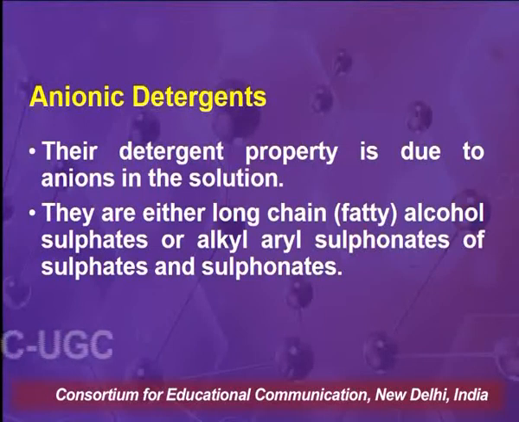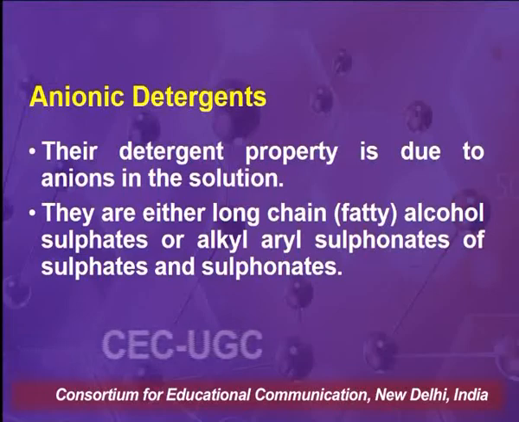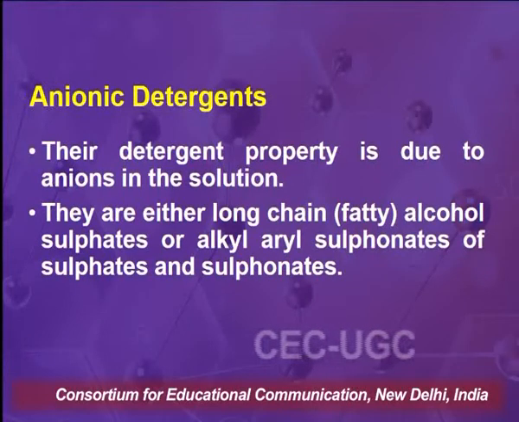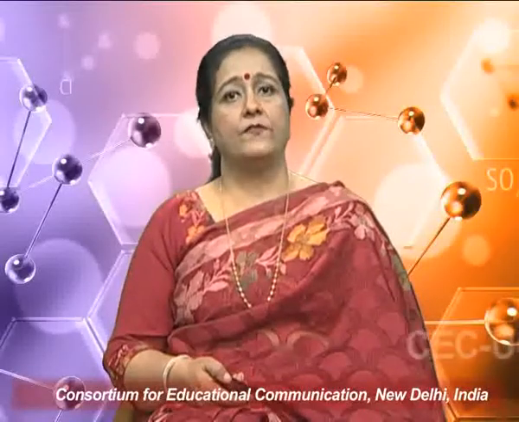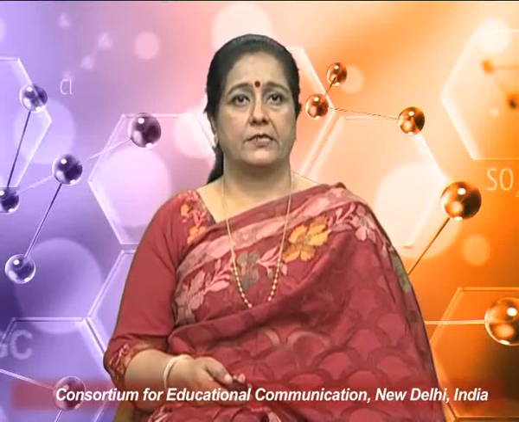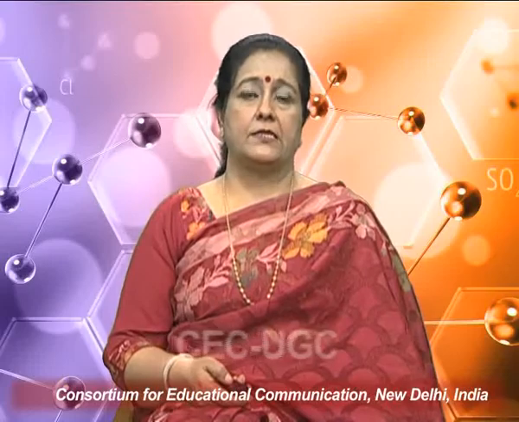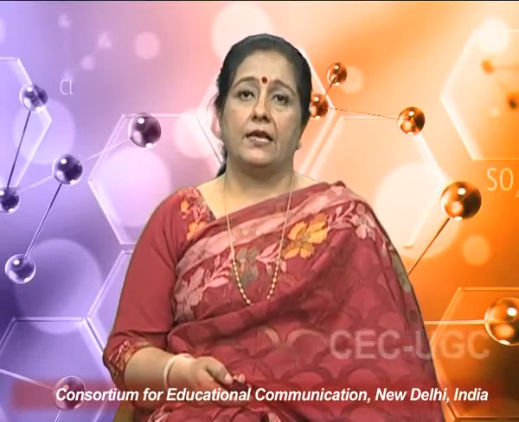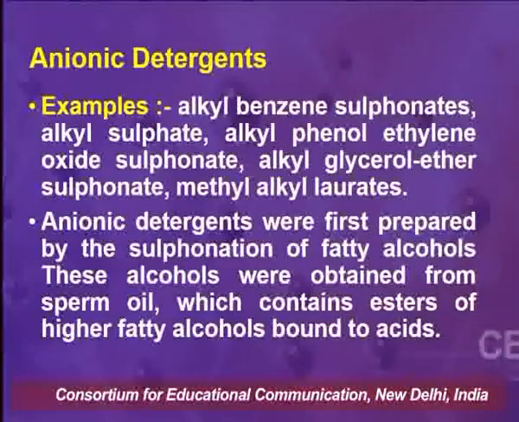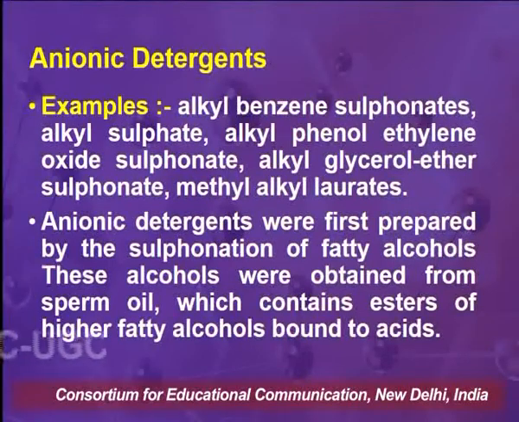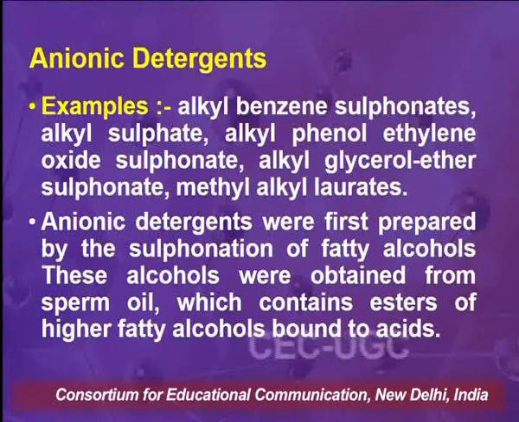They are either long chain fatty alcohol sulfates or alkyl aryl sulfonates, that is, sulfates and sulfonates. For example, alkyl benzene sulfonates, alkyl sulfate, alkyl phenol ethylene oxide sulfonate, alkyl glycerol ether sulfonate, methyl alkyl laurates.